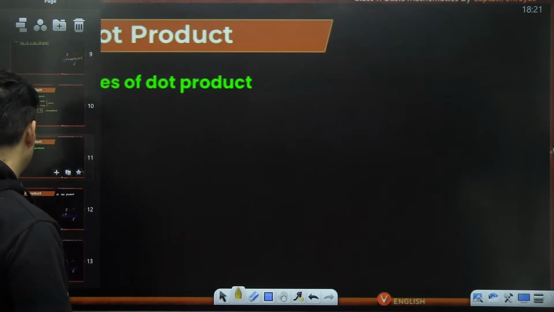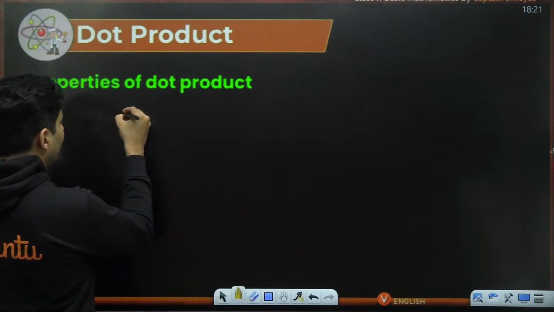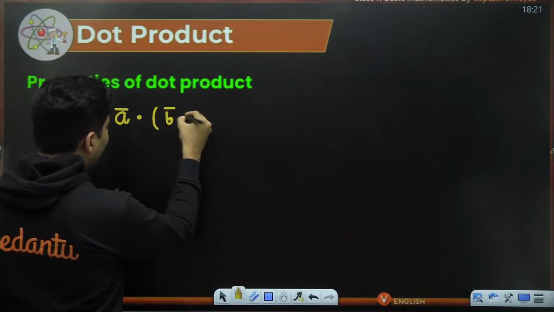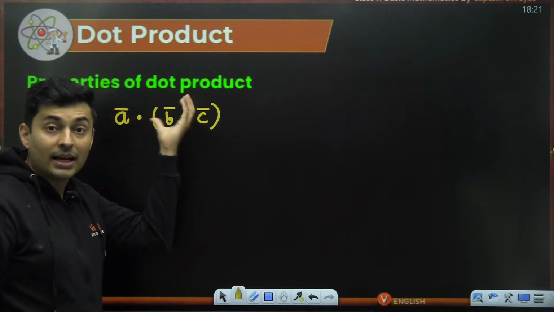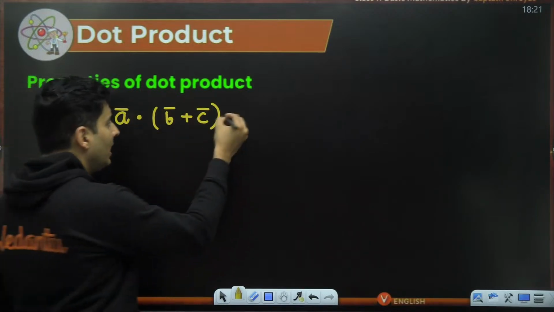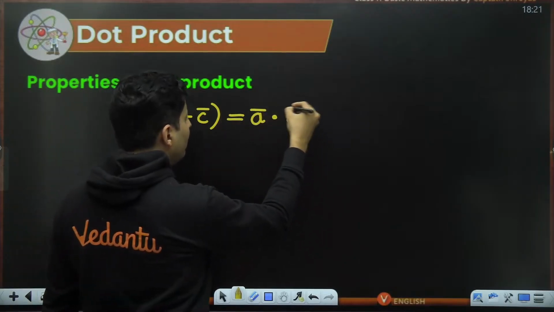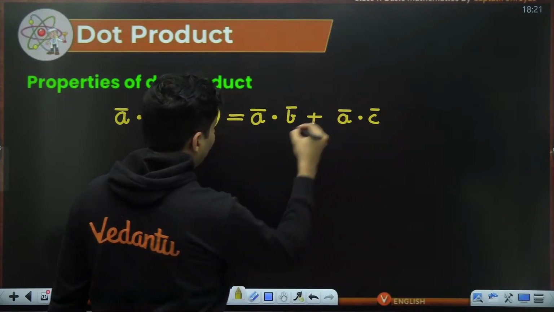Next important property of a dot product is that if I do A vector dot B vector plus C vector, so I'm adding two vectors and the result I'm dot producting with another vector, then you can do one thing. You can take the dot product of A with B and A with C individually and then add them.